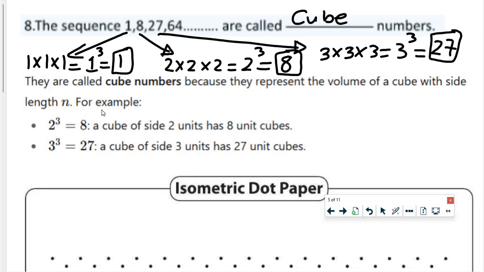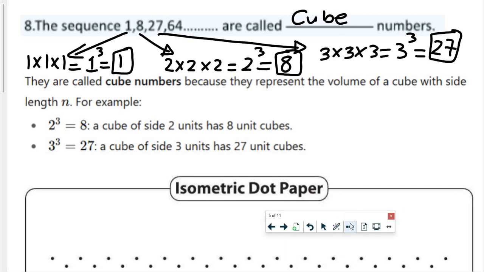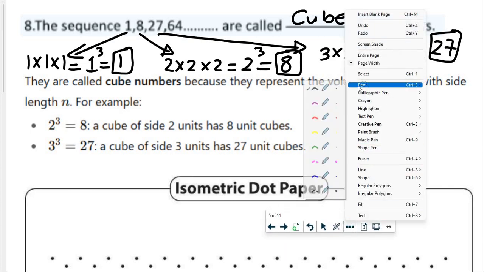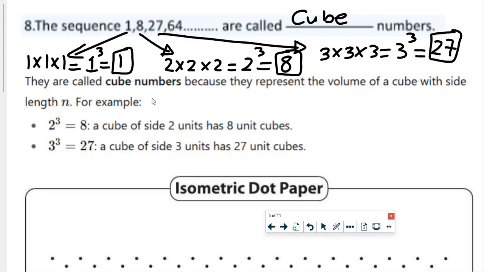For example, 2 to the power of 3 will mean 2 into 2 into 2, which equals 8. 3 to the power of 3 will mean 3 into 3 into 3, which gives you 27. All right? So why are they called cube numbers? The reason is too simple. They are called cube numbers because they represent the volume of a cube with side length n.